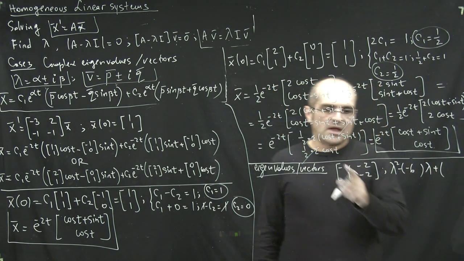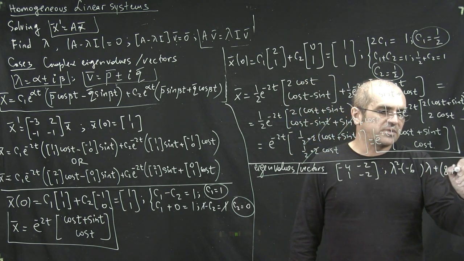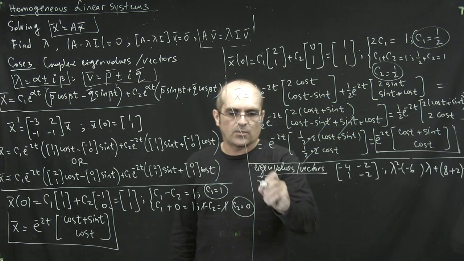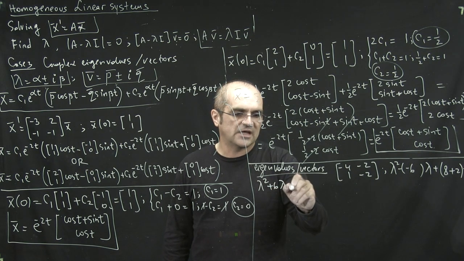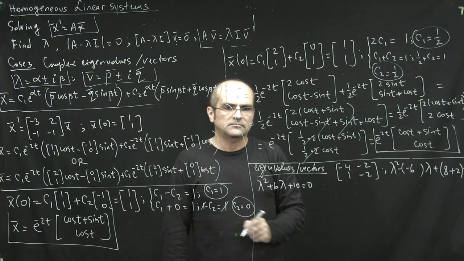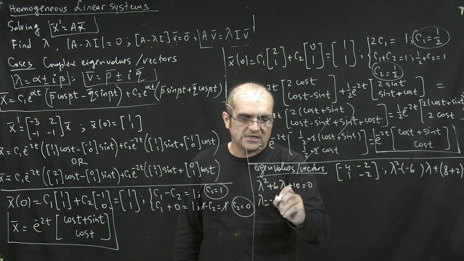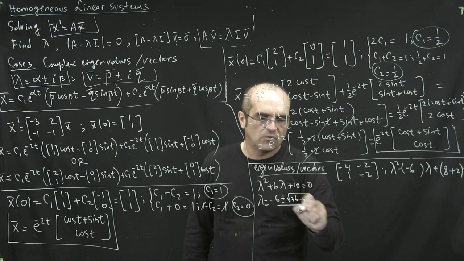Determinant -4 times -2 is 8. Minus -2 becomes +2. Right? So the characteristic equation would be lambda squared plus 6 lambda plus 10 equals 0. With the quadratic formula, lambda is -6 plus minus the square root of 36 minus 40 over 2.